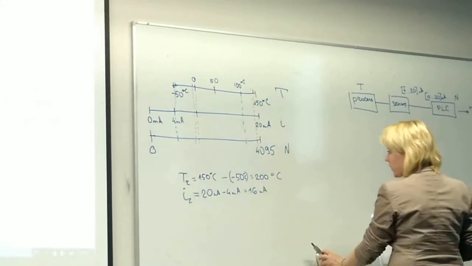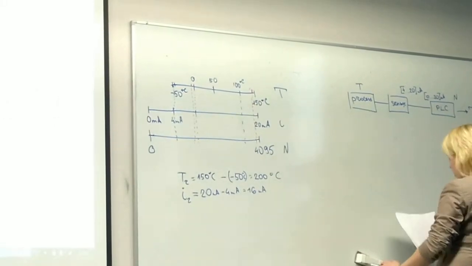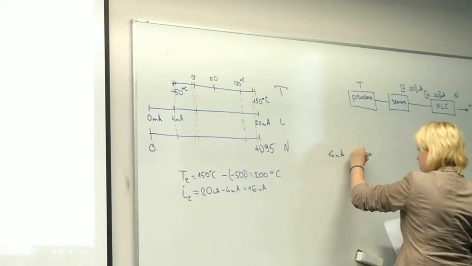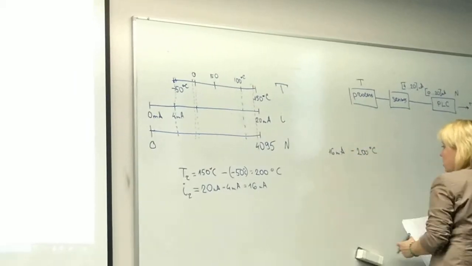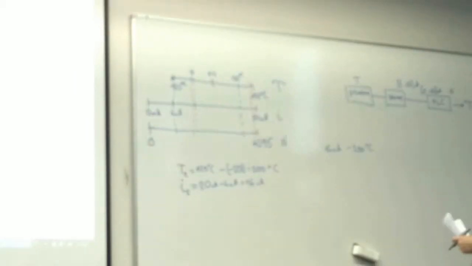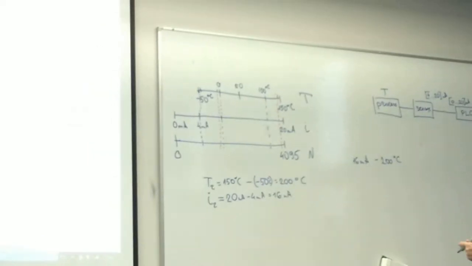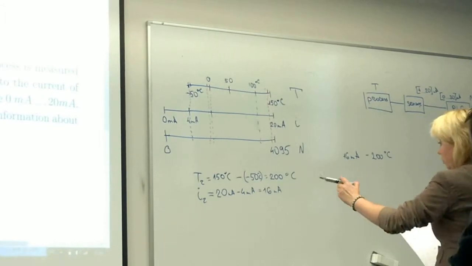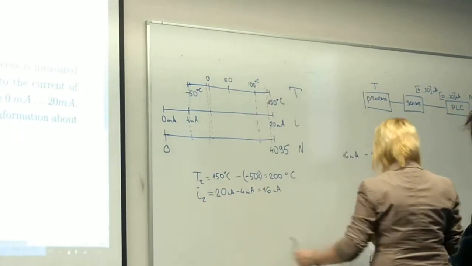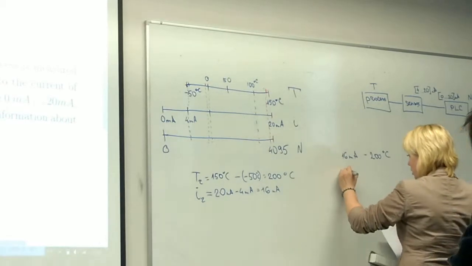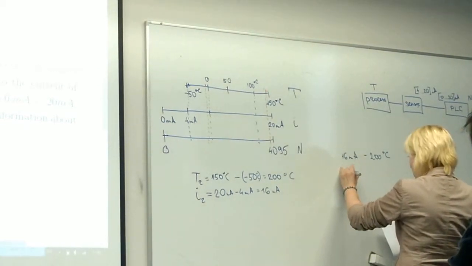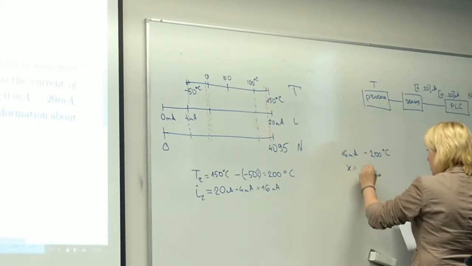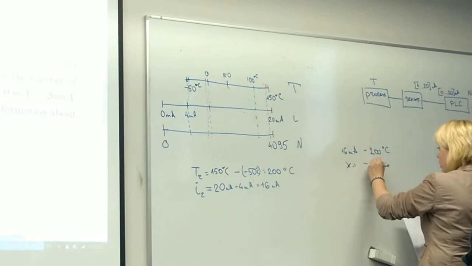Basically, let's think logically. We have one range from 16 milliamperes, which corresponds to 200 degrees Celsius. Because we would like to get to know what the current will be, we can set it as x milliamperes, and here will be our temperature.